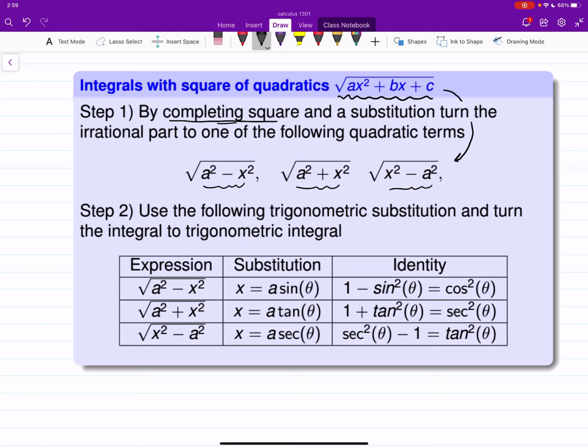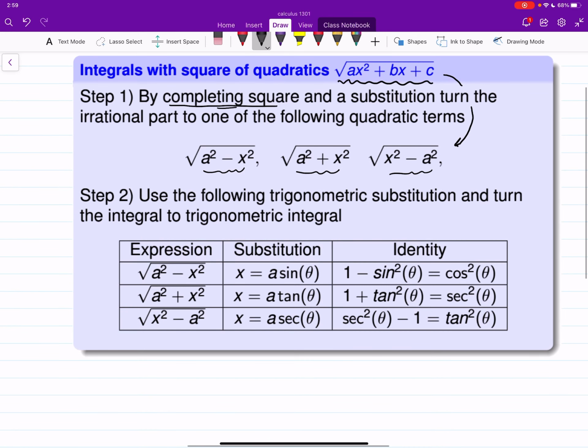One is a constant squared minus x squared. The other one is a constant squared plus x squared. And the other one is x squared minus a constant squared. For each one of these, we have a good trig function that will help us get rid of the square root. For a squared minus x squared, we use x equals a sine theta. In that case a was 1, but here you can add the a.